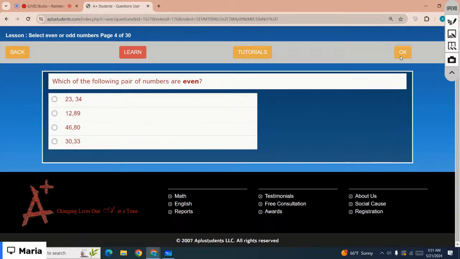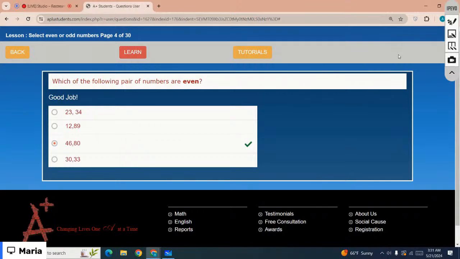The correct option is very good. Option number 3 is the correct option. 46 and 80 both are even numbers.